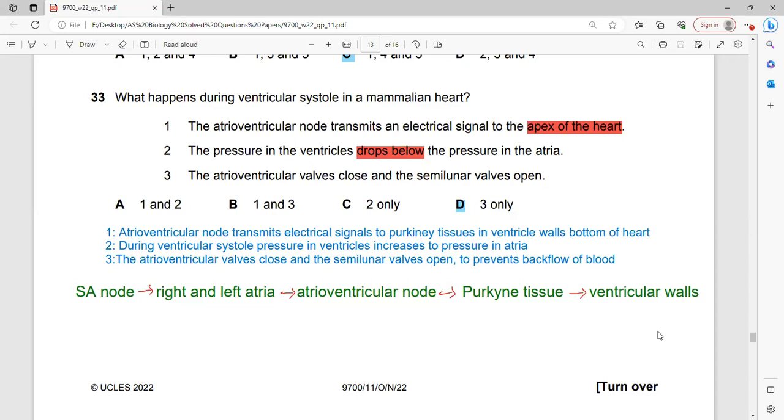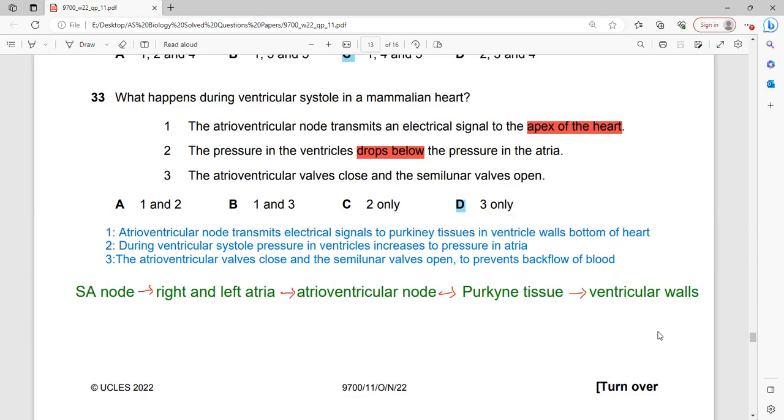We're going to see which statements are correct. The atrioventricular node transmits an electrical signal to the apex of the heart, so basically the bottom of the heart, because the ventricle is present at the apex, the bottom of the heart.